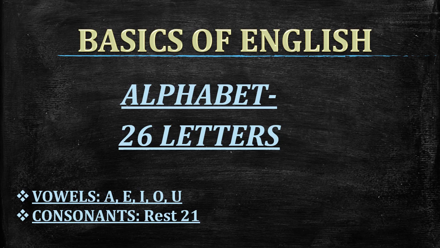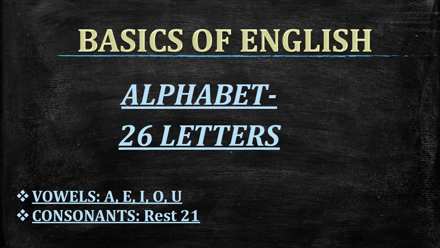Now, as you can see, there are 2 points written over there, vowels and consonants. From the 26 letters, the 5 letters that you see, A, E, I, O, U, are vowels. Why are they called vowels?